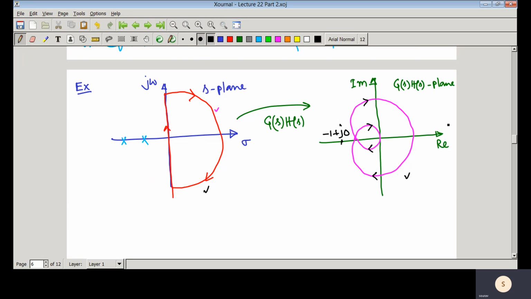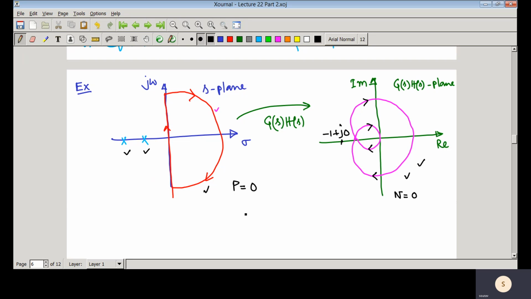So now we are interested in applying that Nyquist stability criteria. Here two poles which are actually the poles of G(s)H(s) are outside that Nyquist contour region. So here we can have P equal to 0, and here we can see this Nyquist plot does not encircle that -1 j0 point, so N is equal to 0.